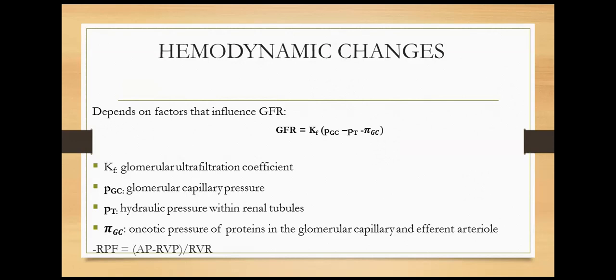You get your renal perfusion flow, which your PGC depends on, and hence, with the next slide, I speak to the afferent and efferent vasoconstriction and vasodilation in trying to maintain the GFR.